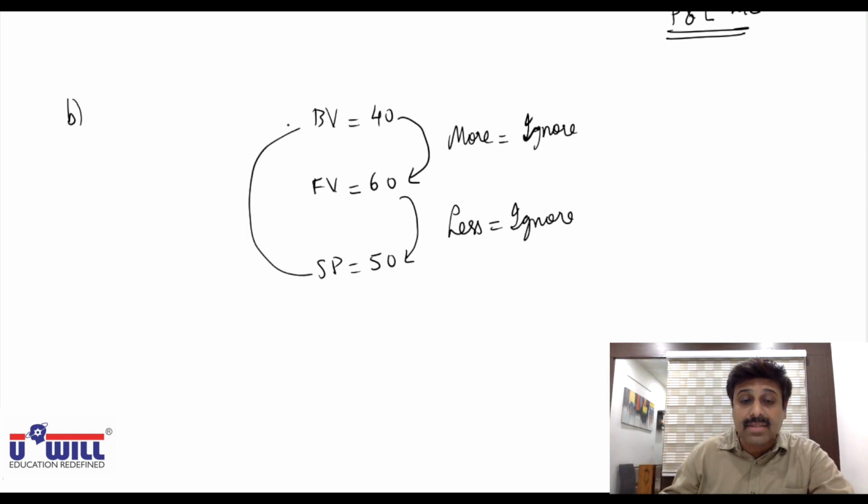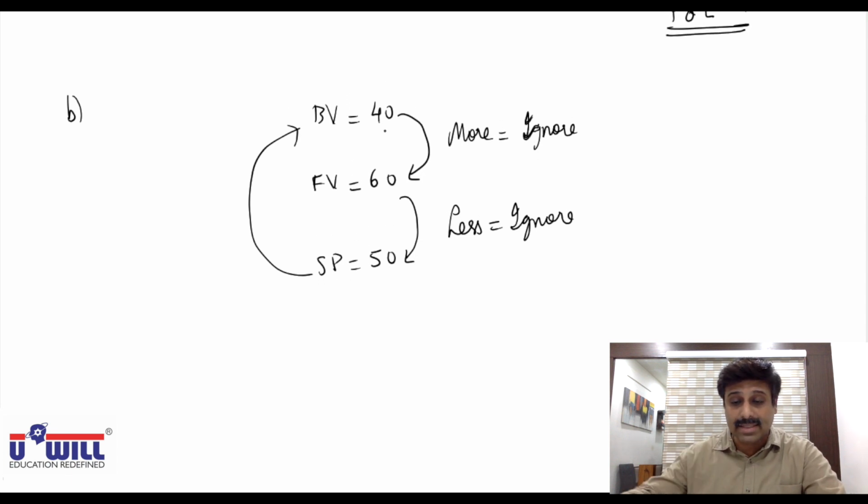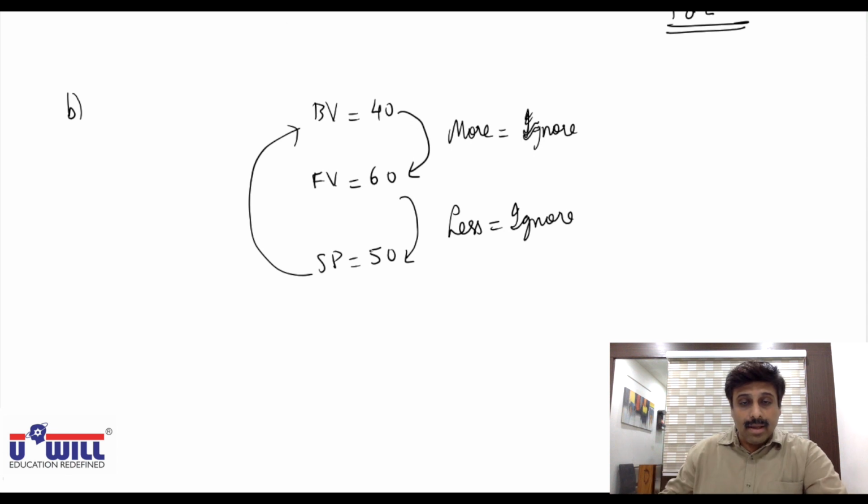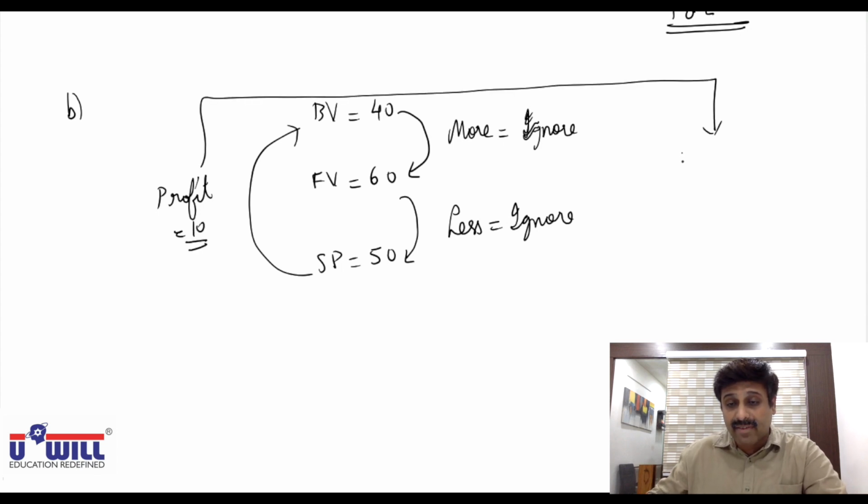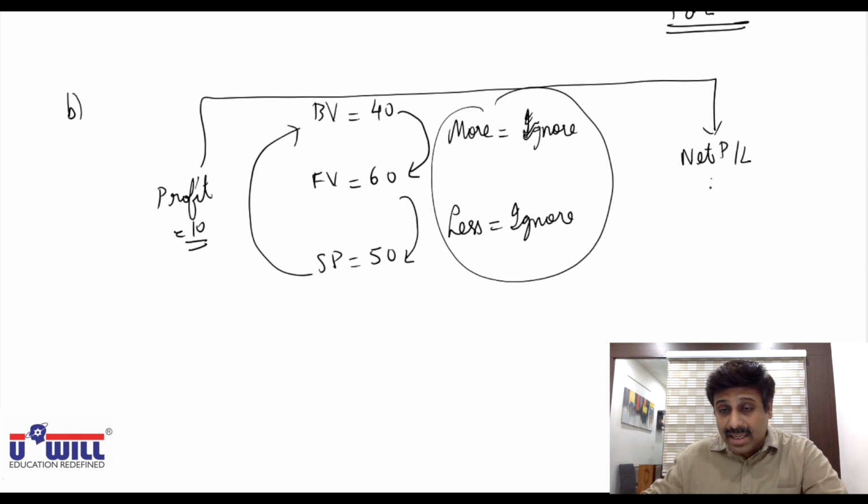Now compare 50 with 40 lakhs. Here you'll find there is a profit, or the amount is more, by 10 lakhs. Now you have to compare it with net profit or loss. Do you find any net profit or loss in this situation? No, it is nil. Means this 10 lakhs on the left side is not covered on the right side.